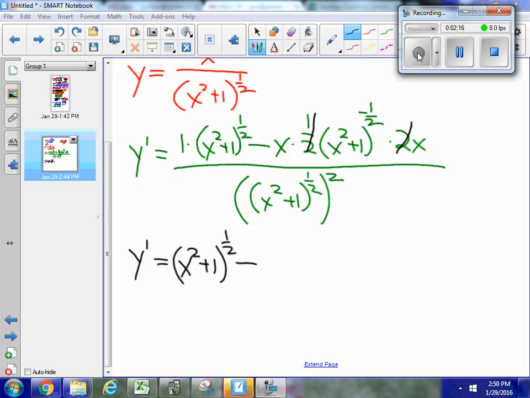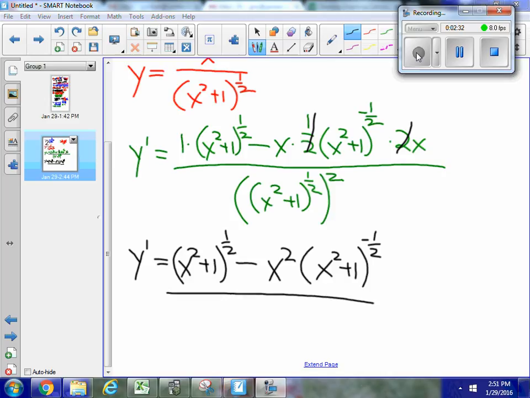And then I have x times x, so that's going to be x squared, and then this is going to be x squared plus 1 to the negative 1/2. And that's all divided now by x squared plus 1.